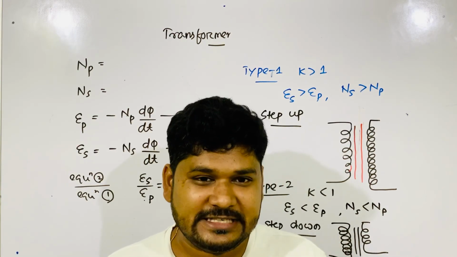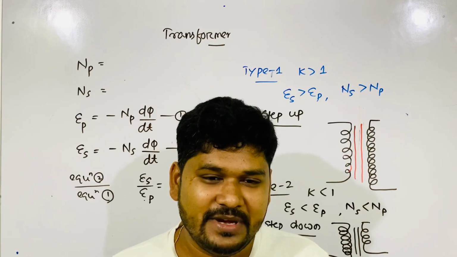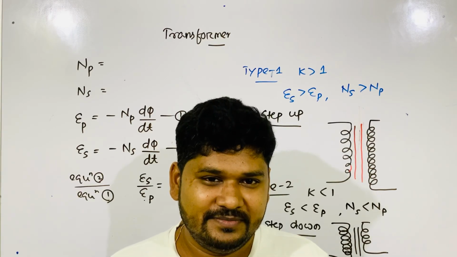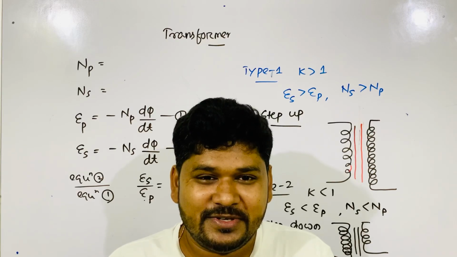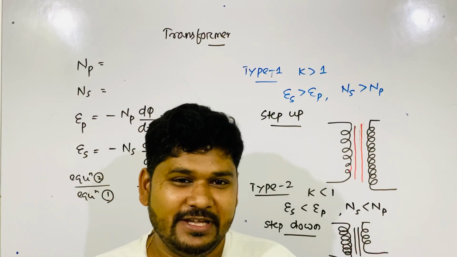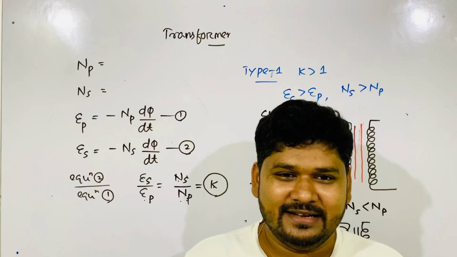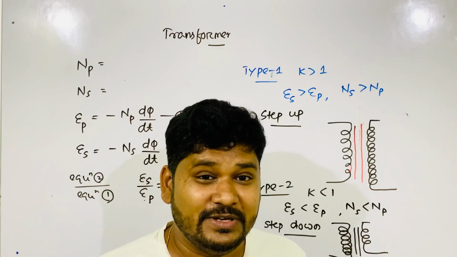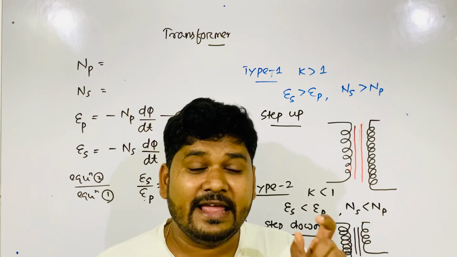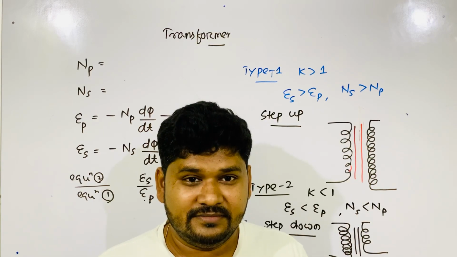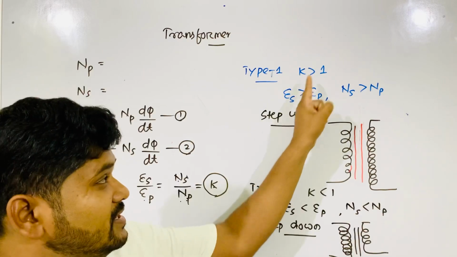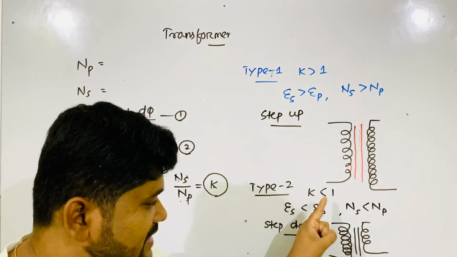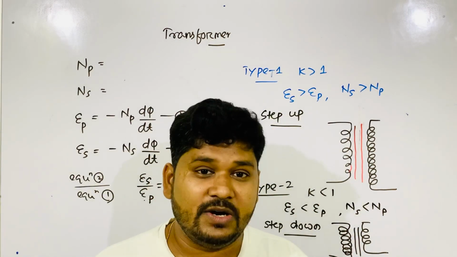If the turns are the same, the voltages are the same, k is 1, and there is no use for the transformer. So no transformer has k value 1. It must be greater than 1 for step-up and less than 1 for step-down.